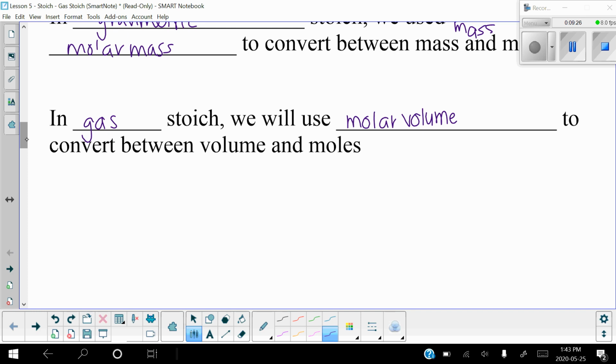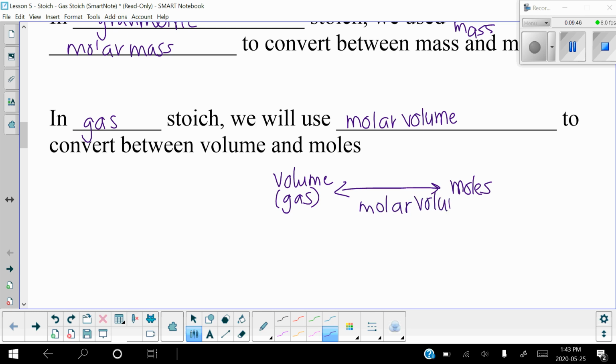In gas stoich, it is the volume of a gas that we're dealing with, and we are trying to convert it into moles or vice versa. We use molar volume. Make sure you use the correct units. Molar volume is measured in liters per mole. Do not confuse it with concentration, which is moles per liter. It is the opposite. Okay?